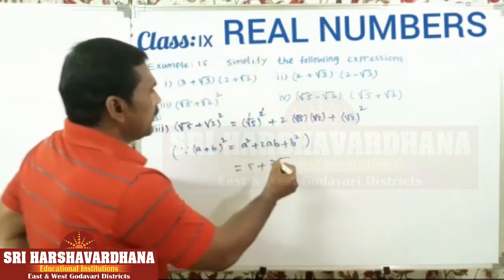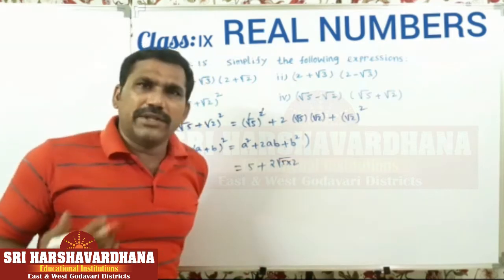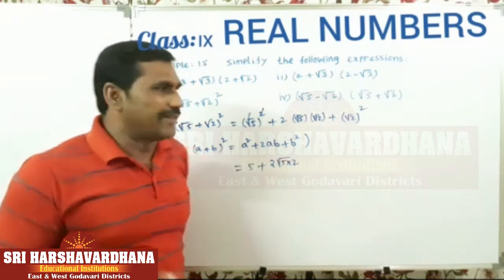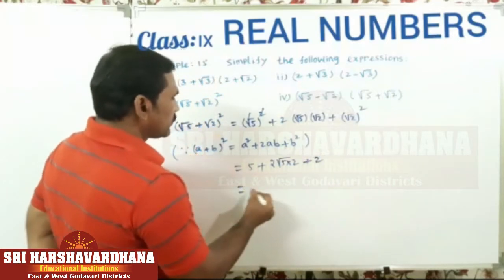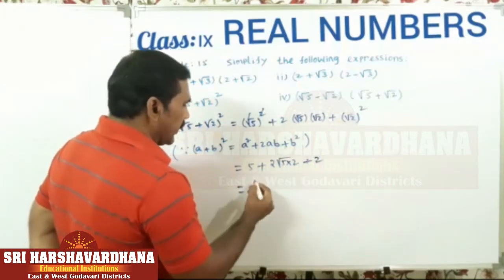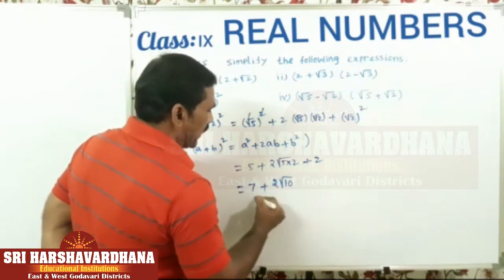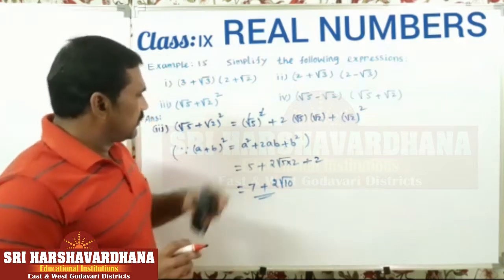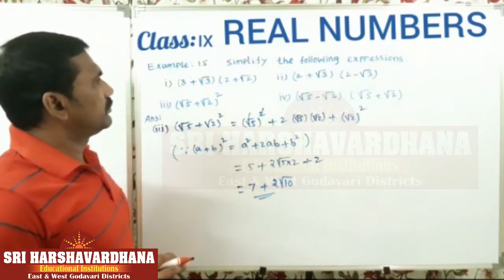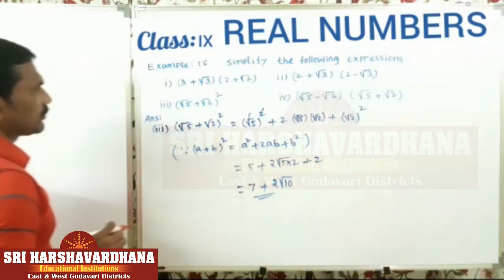So root 5 into root 2 can be rewritten as root of 5 into 2. Okay, right. So root 2 whole square means 2. See here, 5 plus 2 equal to how much? 7 plus 2 root 10. Like that we have to solve the third problem. Okay, right. Next.